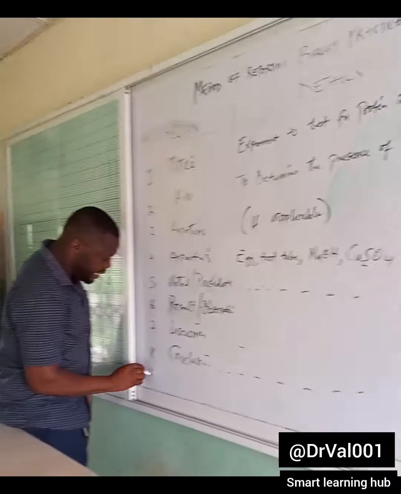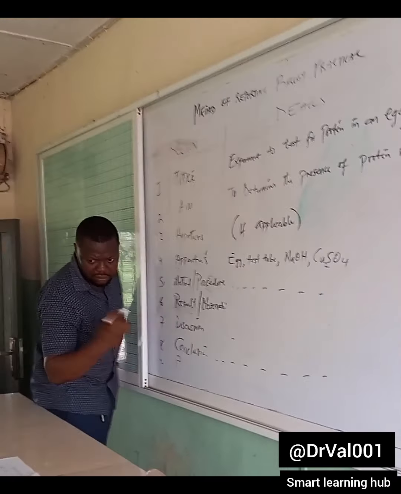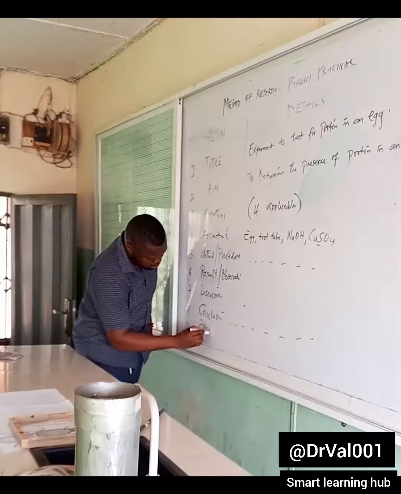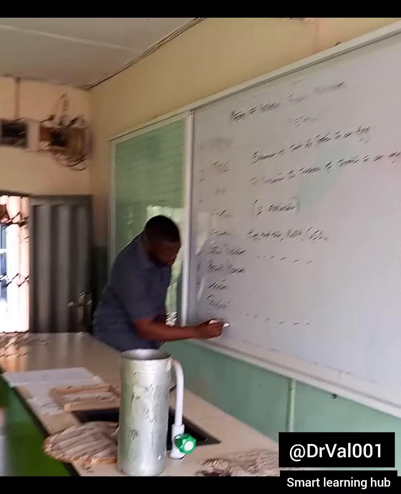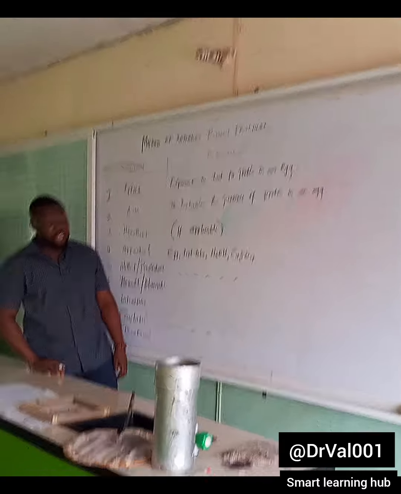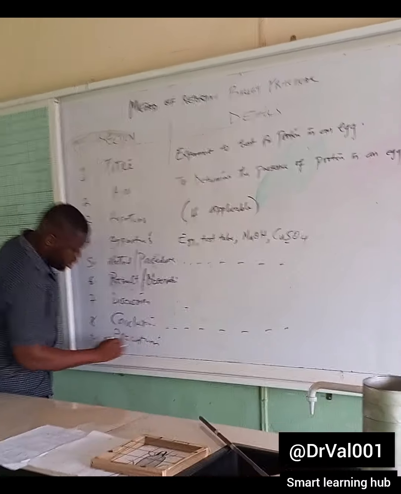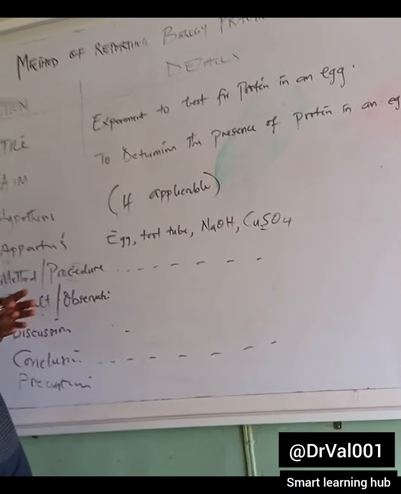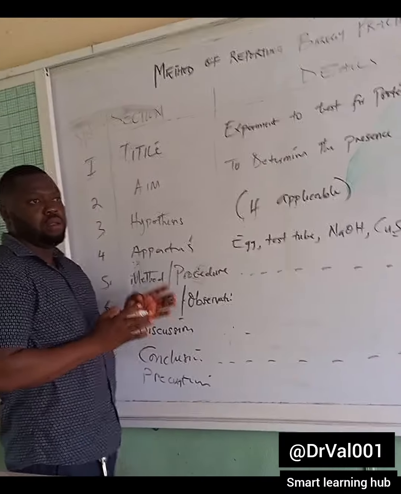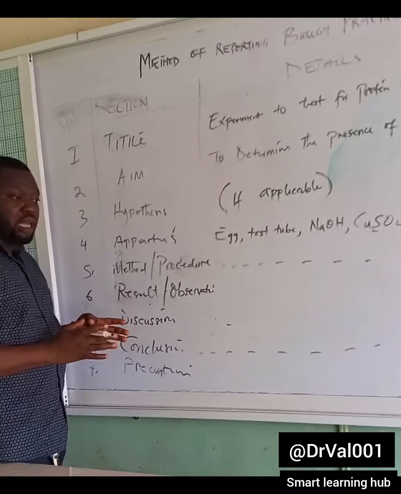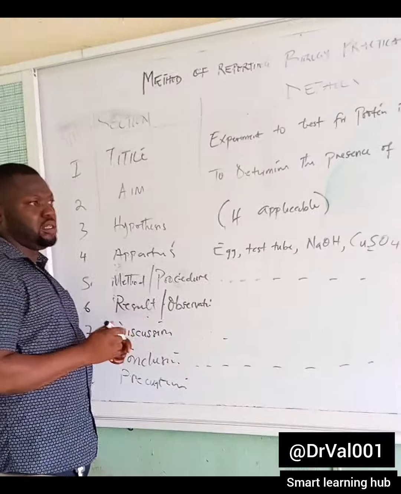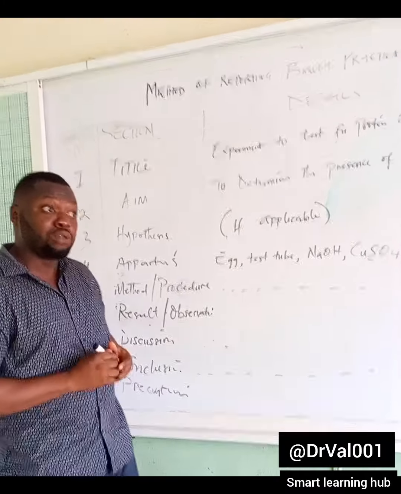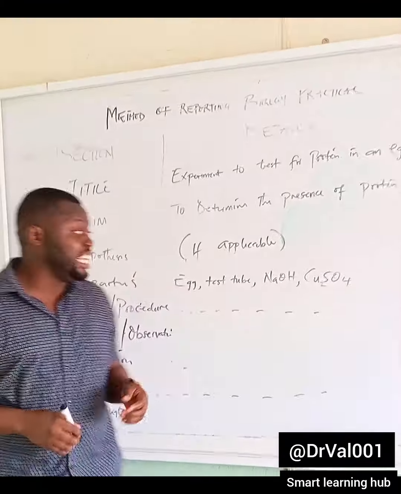After your conclusion, you can now include your precautions. Number 9 is precautions. This is what you carefully did at the cost of experimenting. You make sure that you did not add in excess.